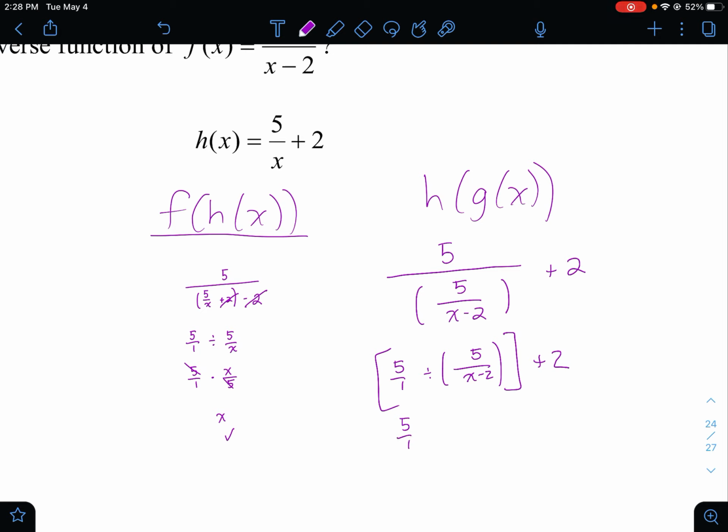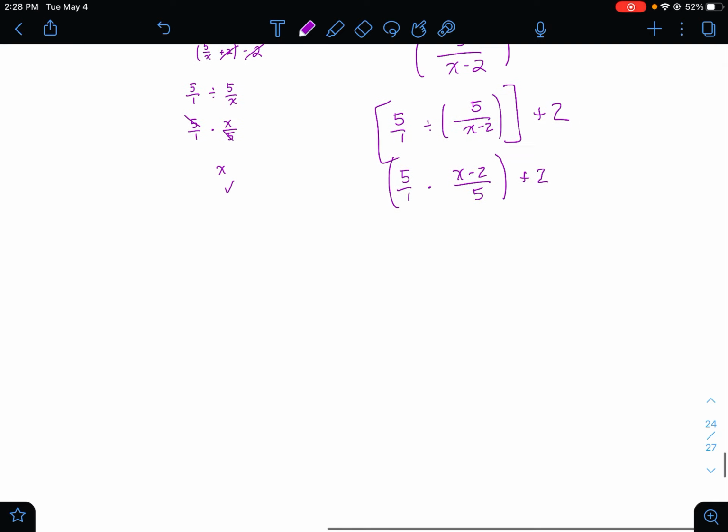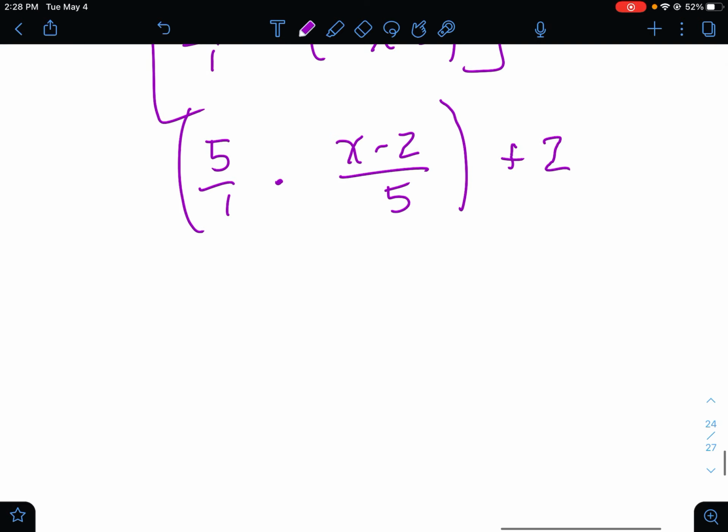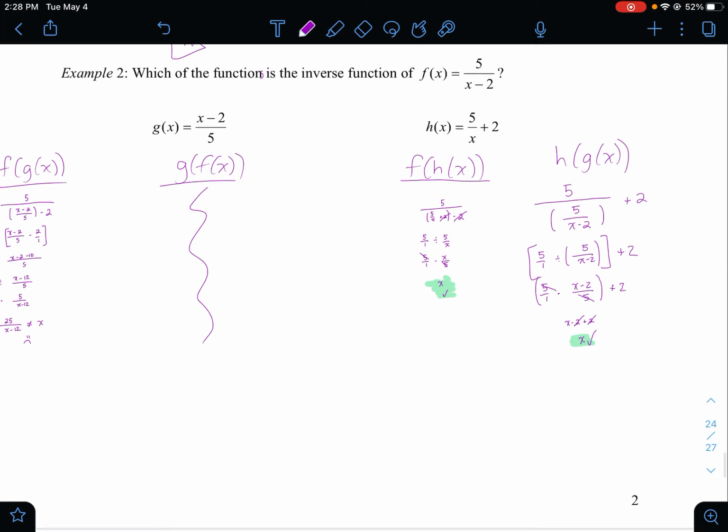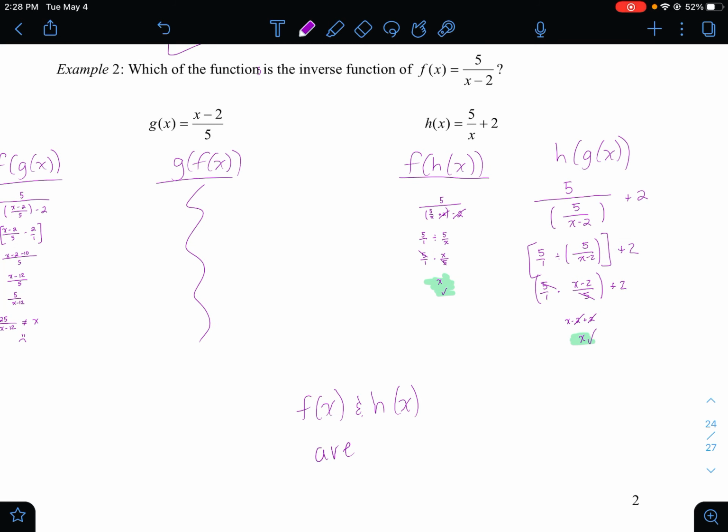I keep the first, switch, flip. My 5's are going to cancel, so I'm left with x minus 2 over 1, which is just x minus 2 plus 2. They cancel. We are left with x. Put a little check mark there, and then we can say, hey, those two worked out. So f of x and h of x are inverses.